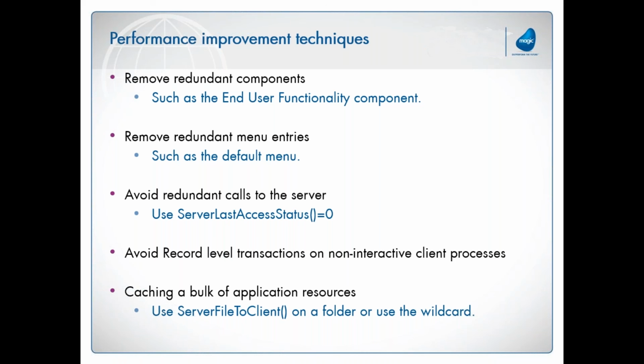Now, if you have, for example, 100 files you need to synchronize, and you use server file to client for each file one after the other, then for each file there will be a request from the client to the server telling the server, this is my timestamp, do you have an update? And let's say nothing was updated, so you will have 100 requests, one for each file. Now, if you use a wildcard or a folder, you will have only one request telling the server, I have a folder with 100 files with those timestamps, send me the new ones.